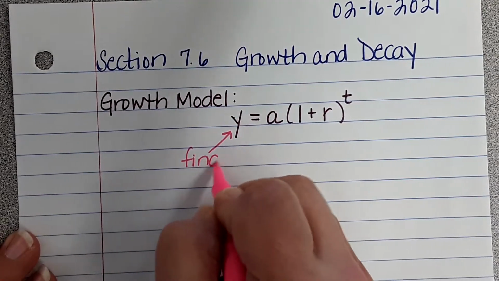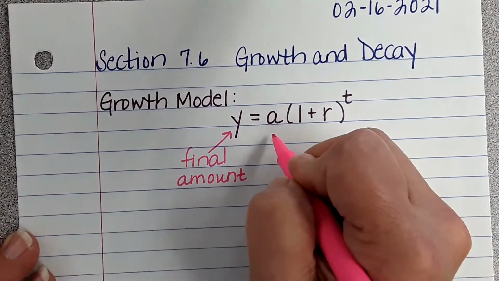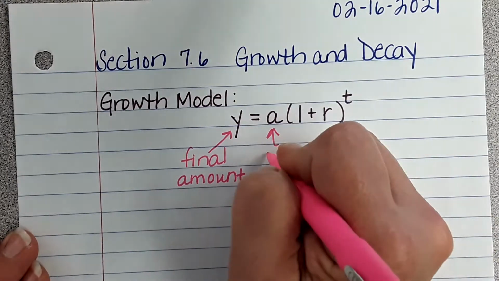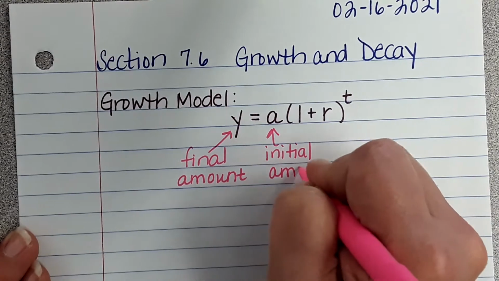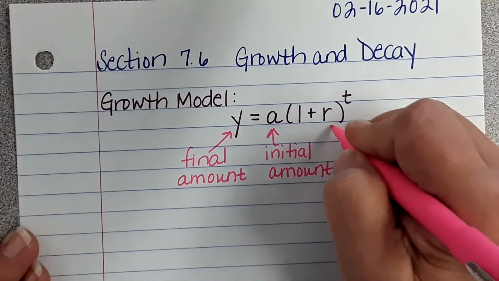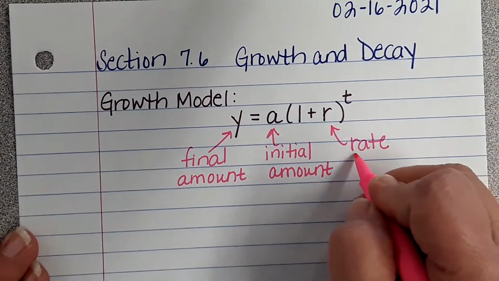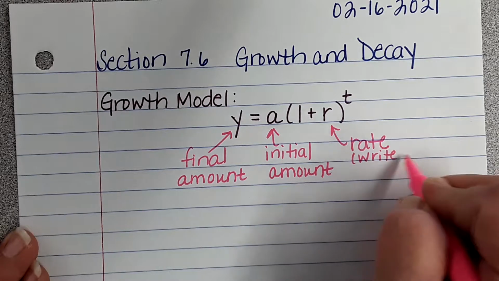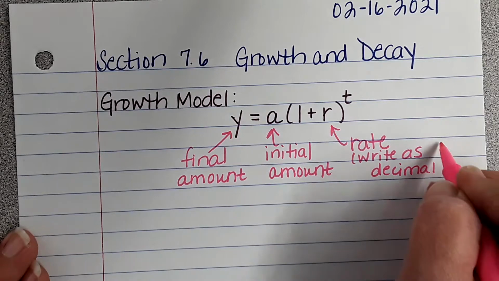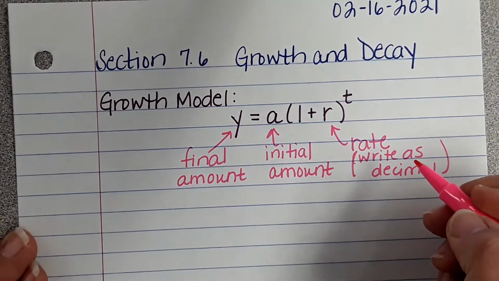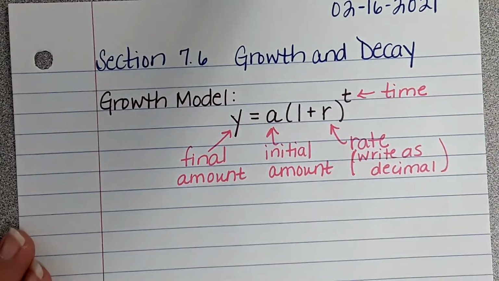Y is what we call the final amount, the amount that we're going to end up with. This a is what we call the initial amount, or the amount that we started off with. The r is our rate, and we always write it as a decimal. And then our t means time, and time is usually in years, okay?